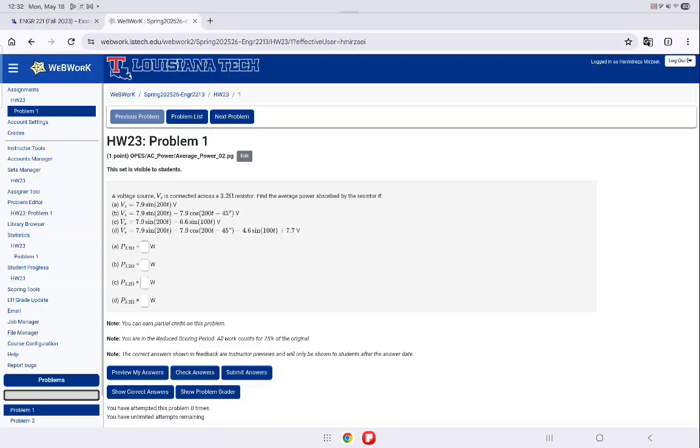When you're finding equivalent impedance, and you're given capacitors and inductors, do you add the capacitors like you did with capacitance, where it was opposite of resistors?